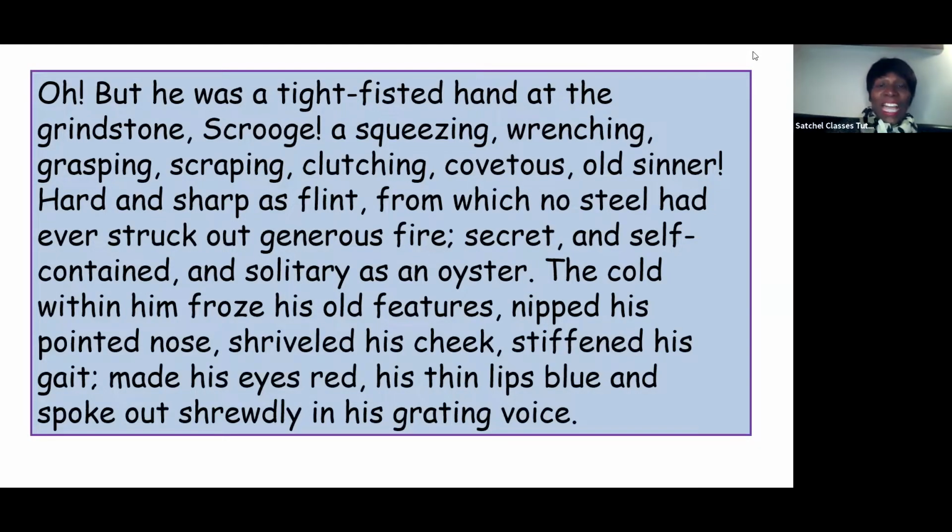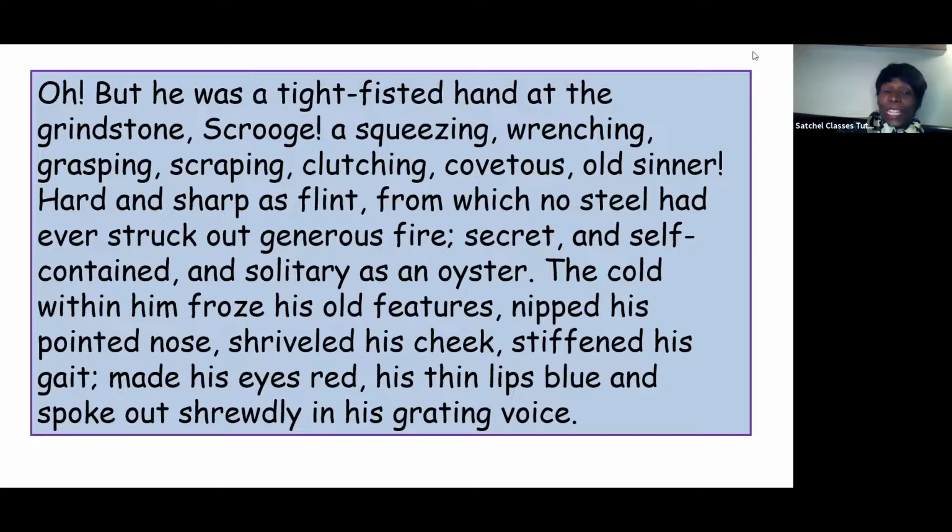Oh, he was a tight-fisted hand at the grindstone, Scrooge, a squeezing, wrenching, grasping, scraping, clutching, covetous old sinner, hard and sharp as flint, from which no steel had ever struck generous fire, secret and self-contained and solitary as an oyster.